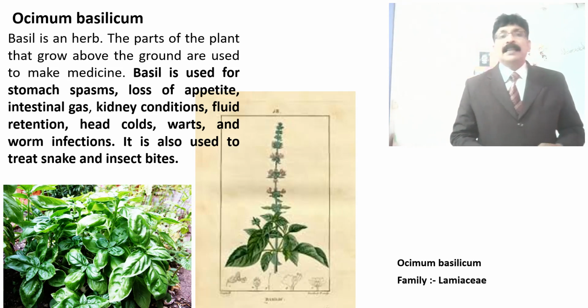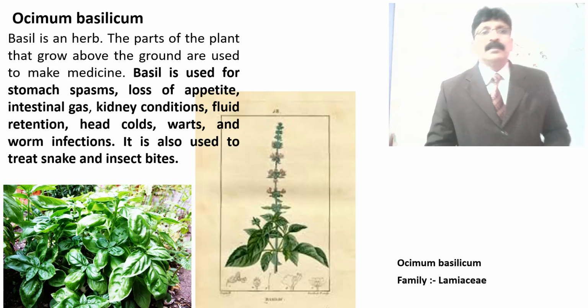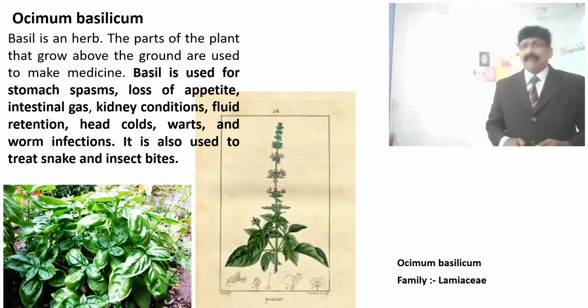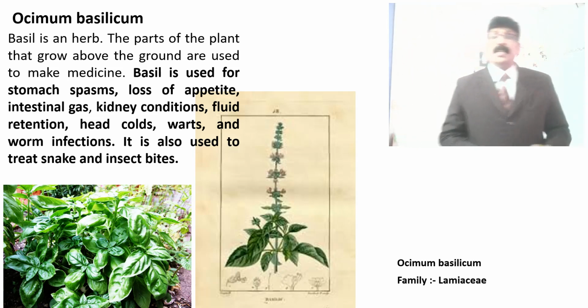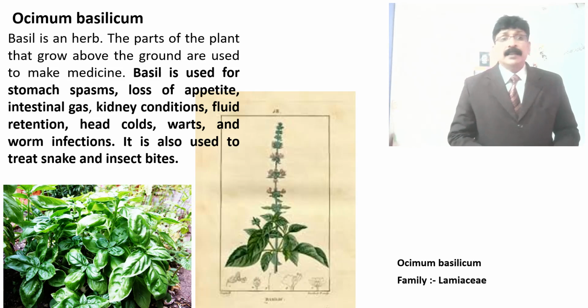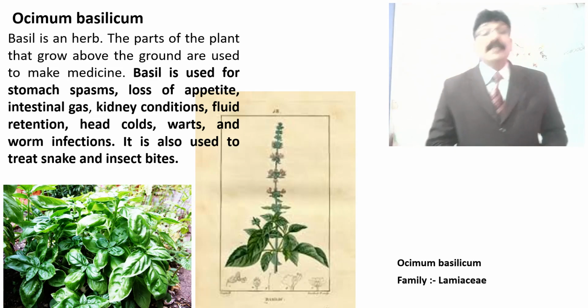Basil is used for stomach spasms, loss of appetite, intestinal gas, kidney conditions, fluid retention, head cold, warts and worm infection. It is also used to treat snake and insect bites.